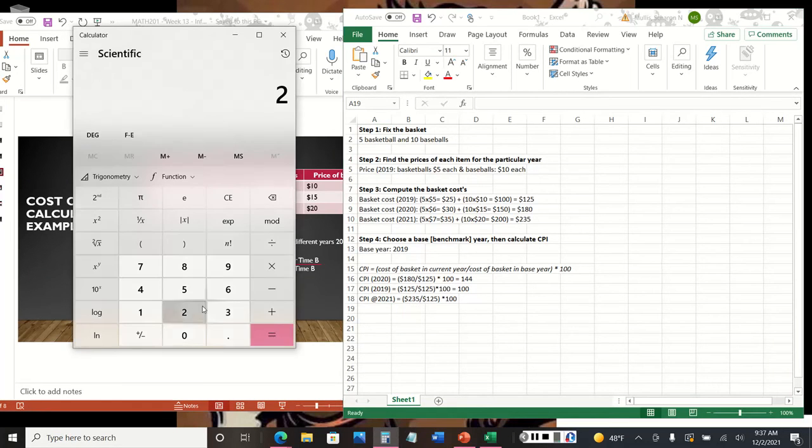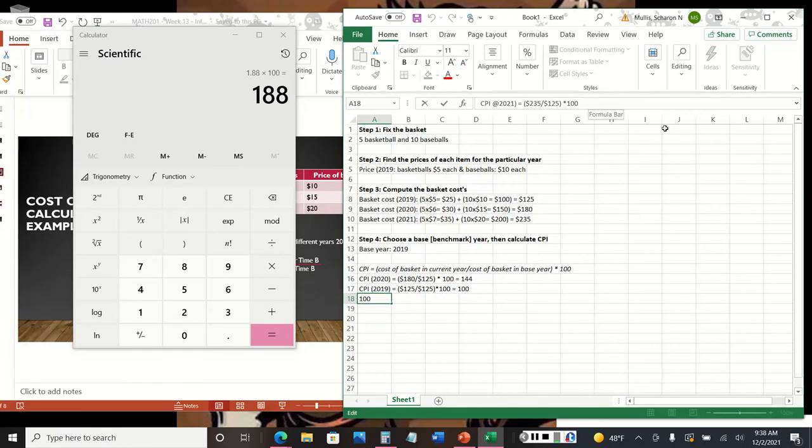I keep hitting the back arrow. And let's do 235 divided by 125, which is 1.88 times 100, 188. So that equals 188. Okay, so now we have all three years with the CPI.